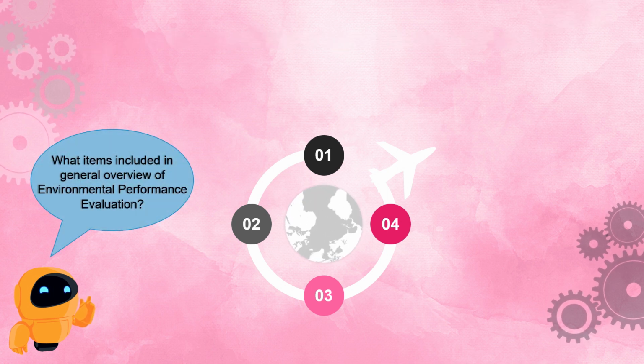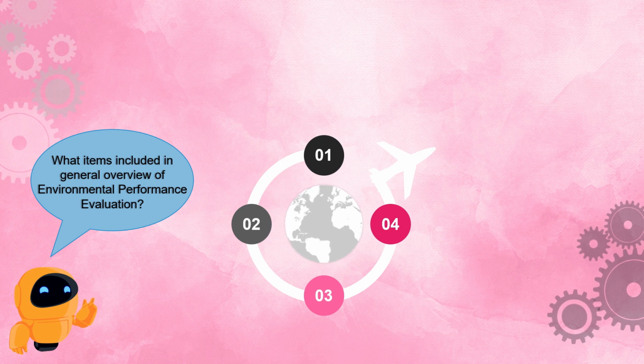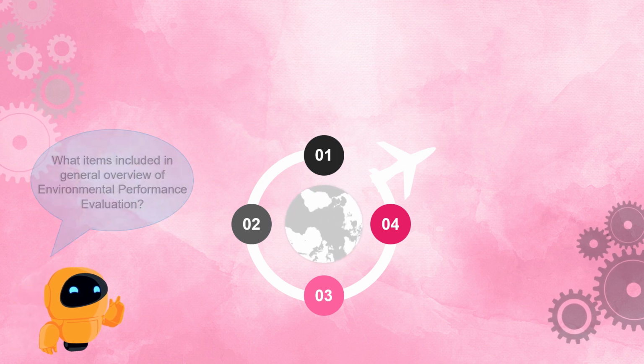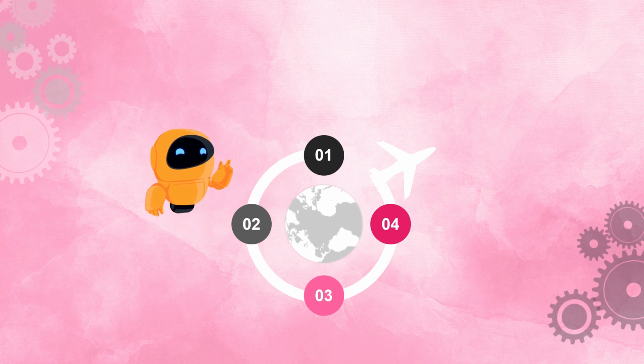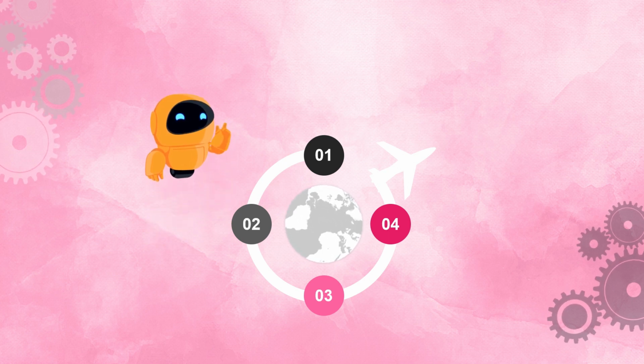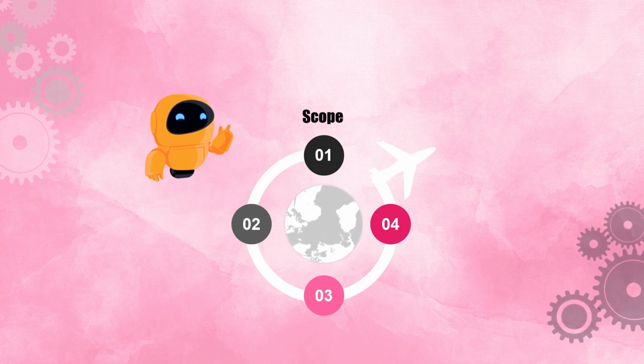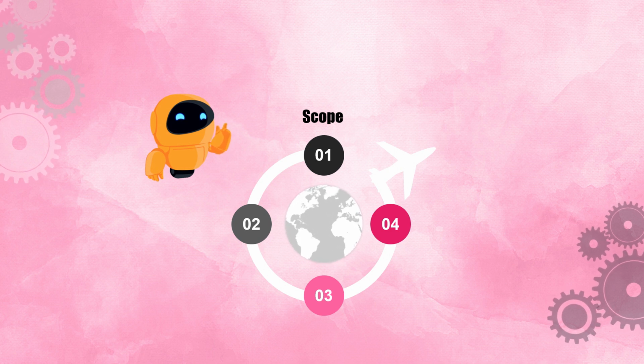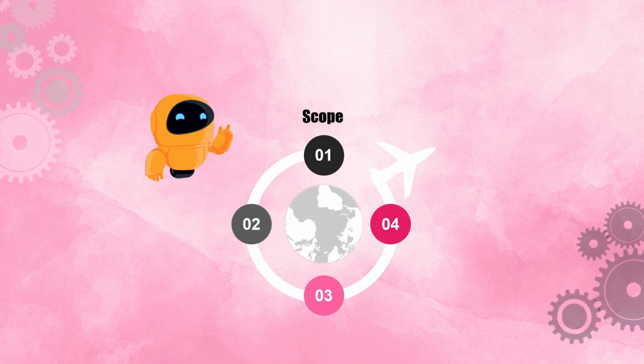Do you remember what items were included in the General Overview of Environmental Performance Evaluation that we have discussed before? Firstly is scope. Guideline to give guidance on the design and use of EPE.